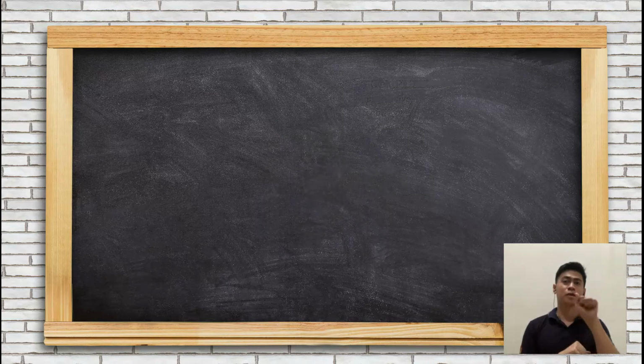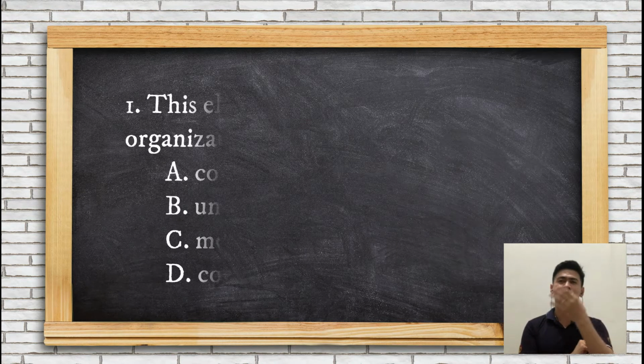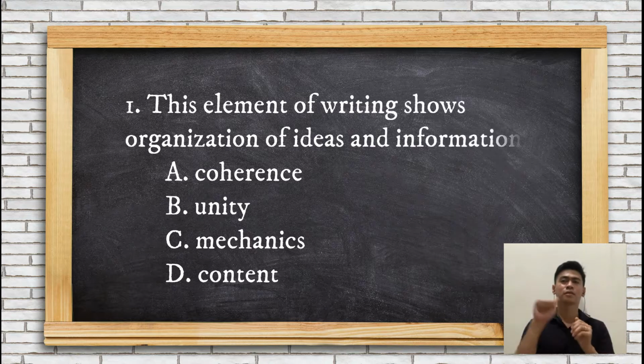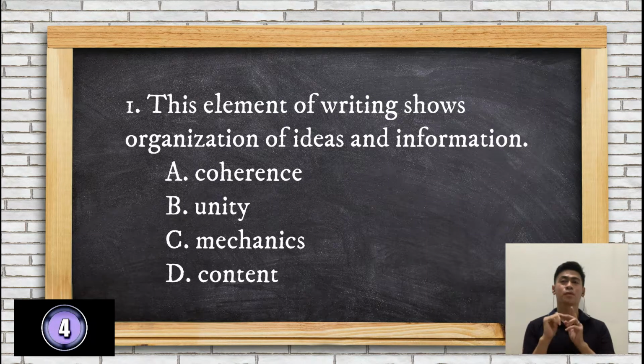Let's start by answering these questions. Circle the letter that corresponds to your answer. Number 1. This element of writing shows organization of ideas and information. A. Coherence. B. Unity. C. Mechanics. D. Content.